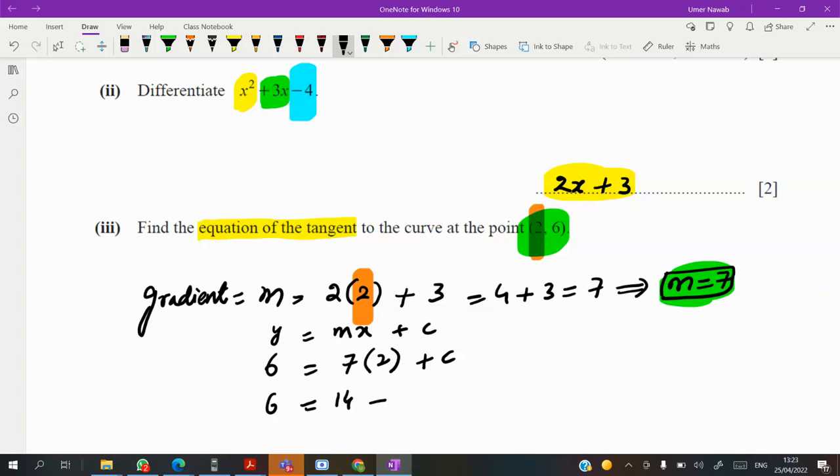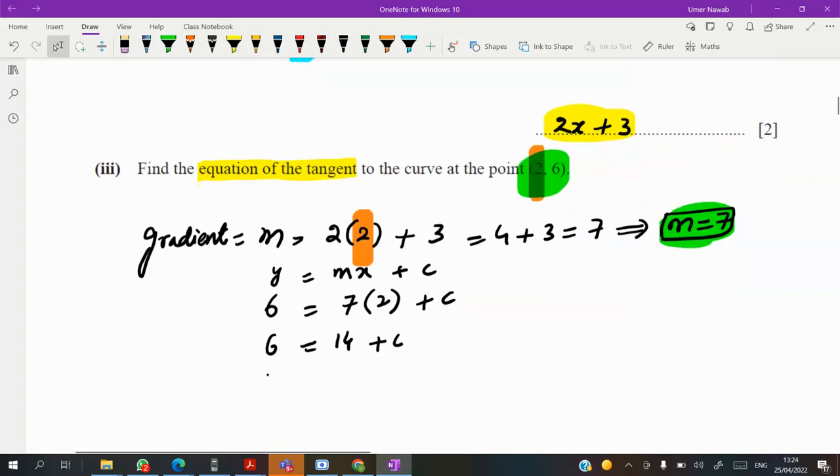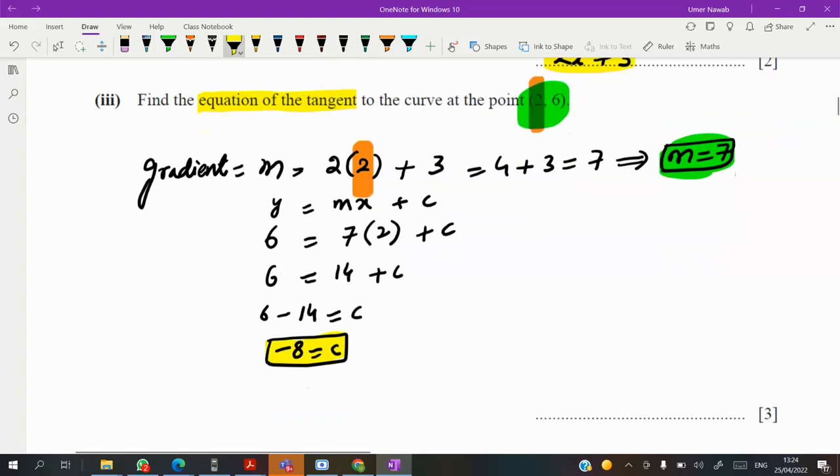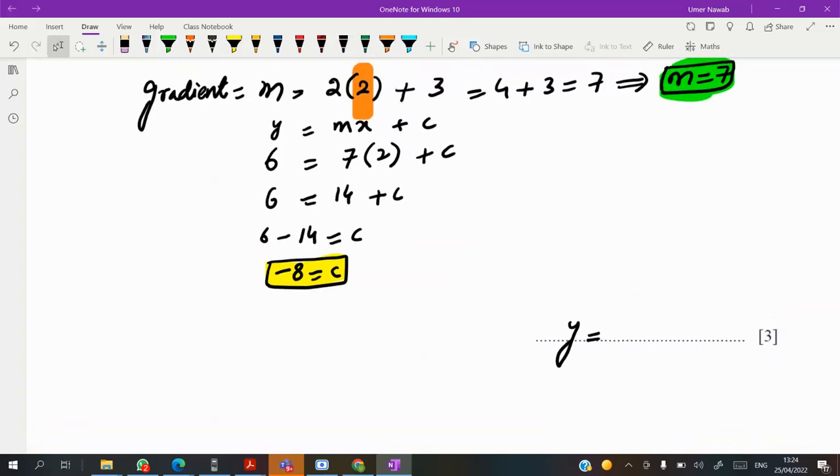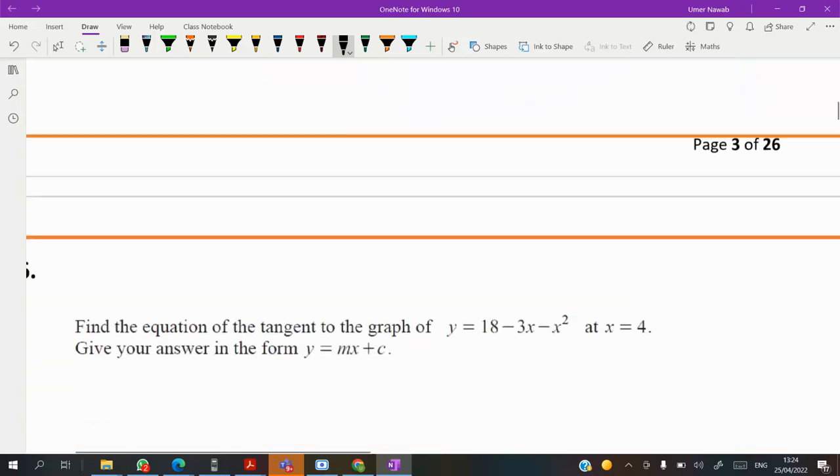So 14 plus c, and then 6 minus 14 is equal to c. So minus 8 is equal to c. I'm ready to write the equation of a tangent, which is y equals 7x minus 8.